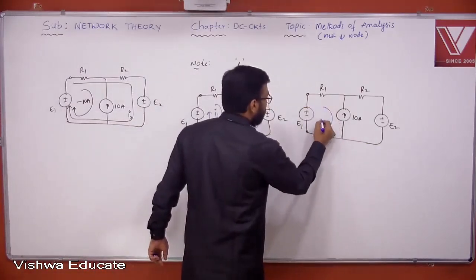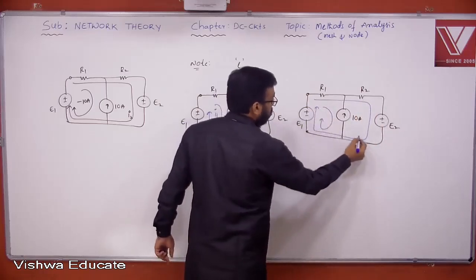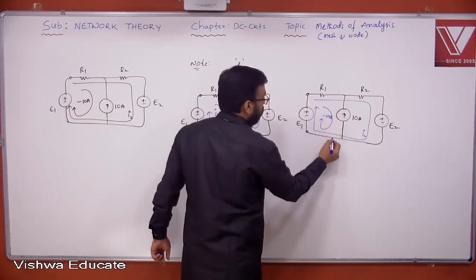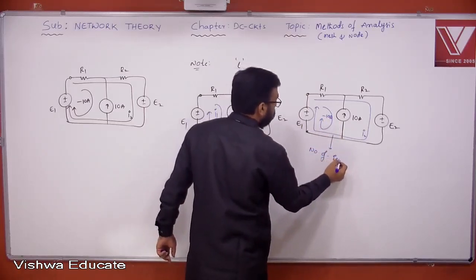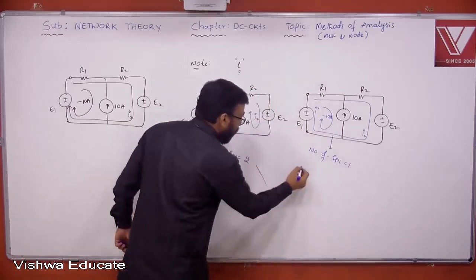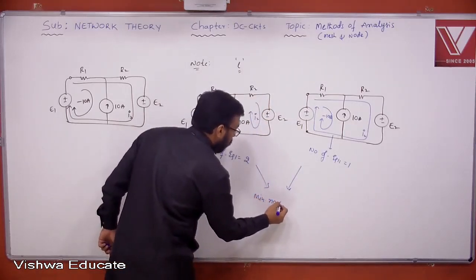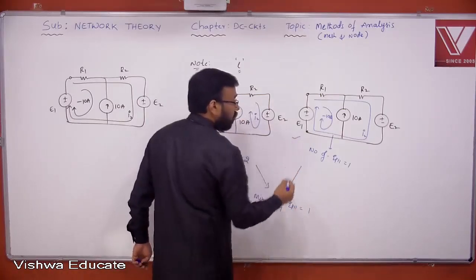If I select the loop currents like this, where this is minus 10 ampere, then the number of equations is only 1. So what is the minimum number of equations required now? Only 1, that you can achieve through this.